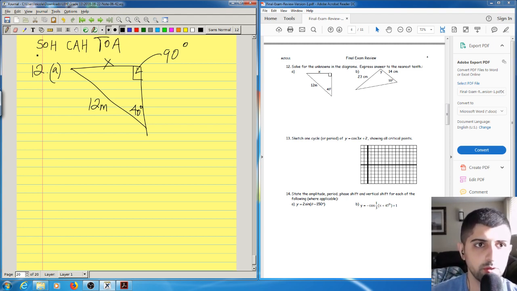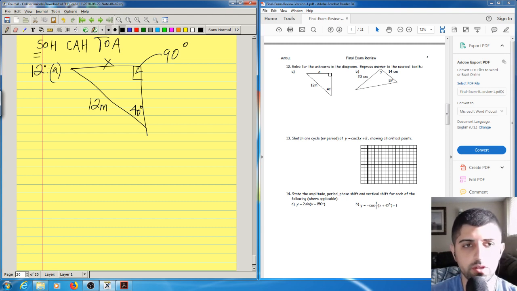So, for example, sine, represented by s, is calculated by doing opposite over hypotenuse, and cosine is adjacent over hypotenuse, and tangent is opposite over adjacent.